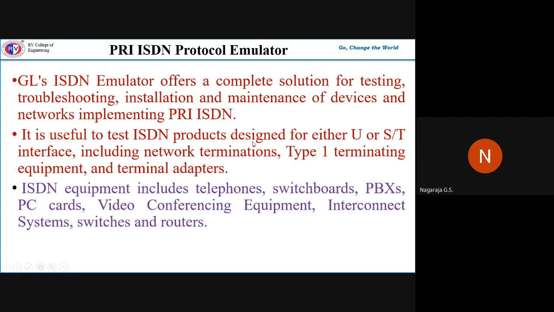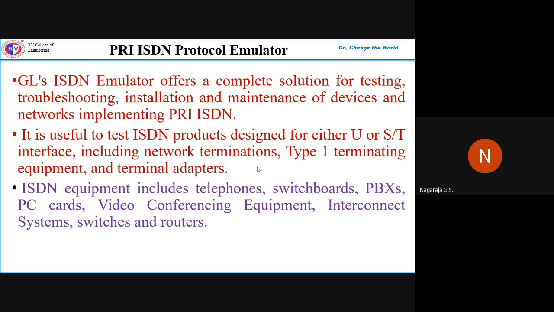It is useful to test ISDN products designed for either U or S, T interface, including network terminations, type 1 terminating equipment, and terminal adapters. We have already understood the different types of interface links we use in ISDN networks, that is U, S, T interfaces, along with network equipment, terminal equipment, and many more.